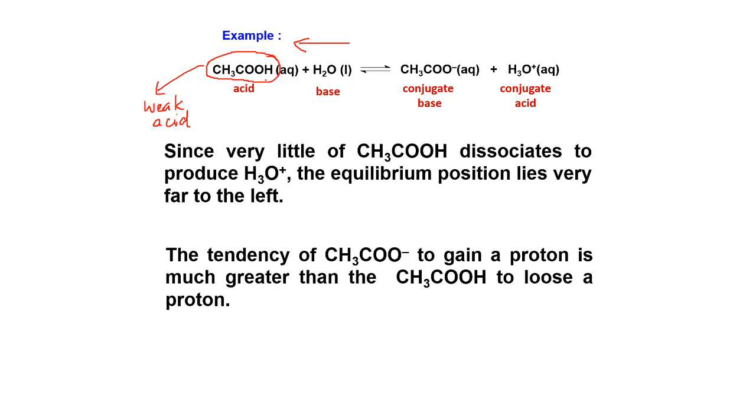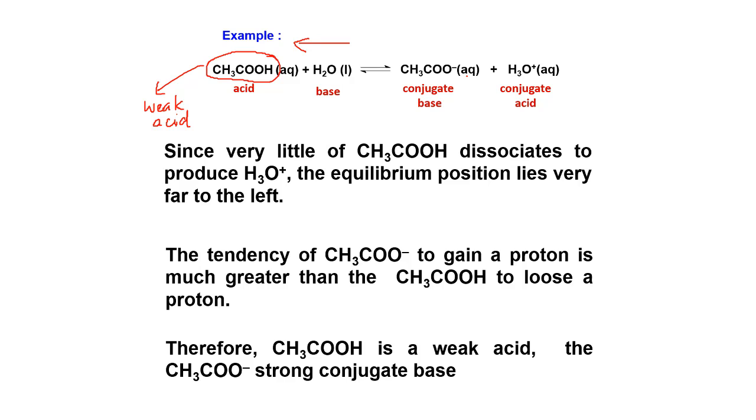Okay, disebabkan dia adalah weak acid, maka tendensi keupayaan acetate ion ini to accept a proton daripada H3O+ ini adalah lebih tinggi berbanding keupayaan acetic acid ini untuk remove a proton to form conjugate base and conjugate acid. Jadinya, acetic acid is a weak acid and its conjugate base, acetate ion ini adalah a strong conjugate base. Okay, itu maksudnya.